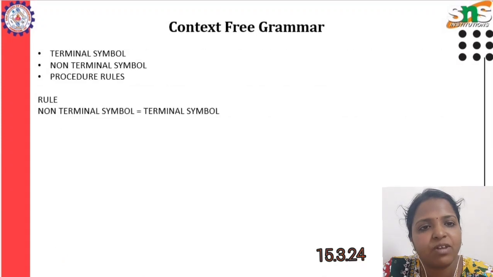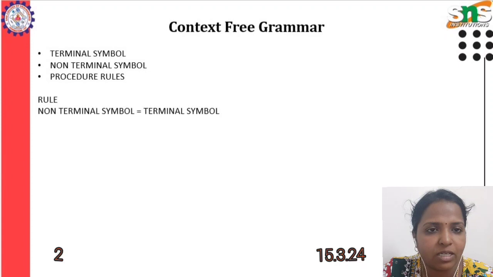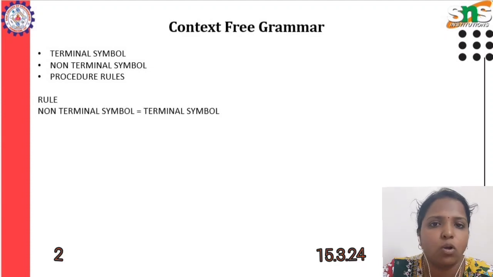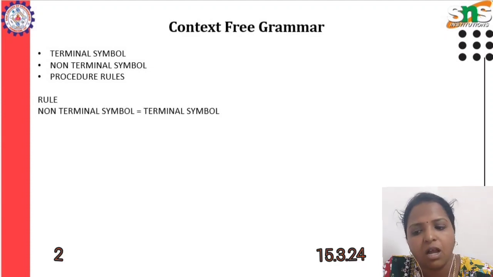You have three things in CFG: terminal, non-terminal and production rule. Terminals are the common language words, any random words in a natural language, and they also include punctuation marks, exclamation marks and so on.